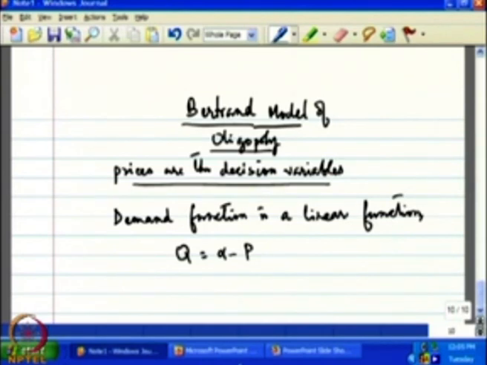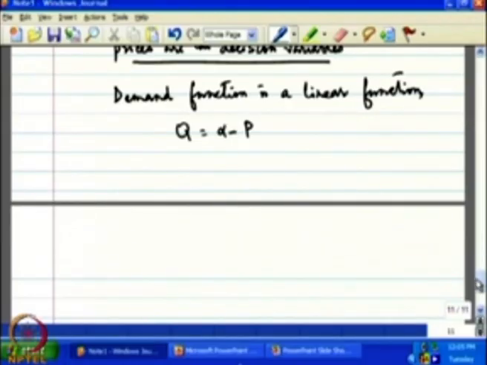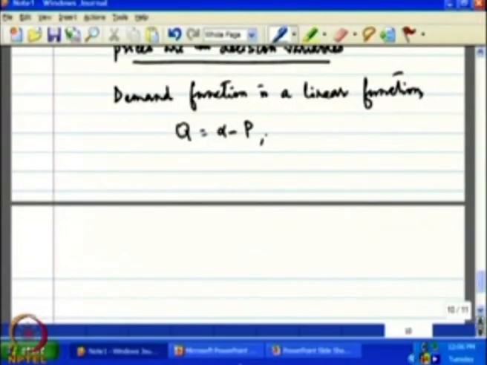While talking about the Cournot model, we just inverted it and used p as a function of q. So, this q is now taken as a function of p, the original demand function, not the inverted function, and this is true if p is less than or equal to alpha, alpha is greater than 0, and q is equal to 0 if p is greater than alpha.